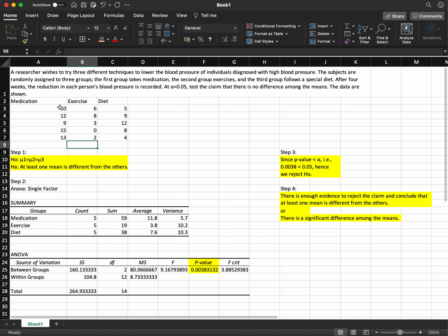You can choose either, because they give somewhat the same results. But between medication and exercise, it's better to choose medication because it gives a significantly better difference in the blood pressure, meaning it lowers the blood pressure.